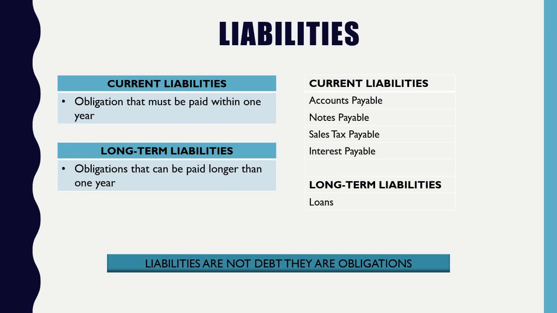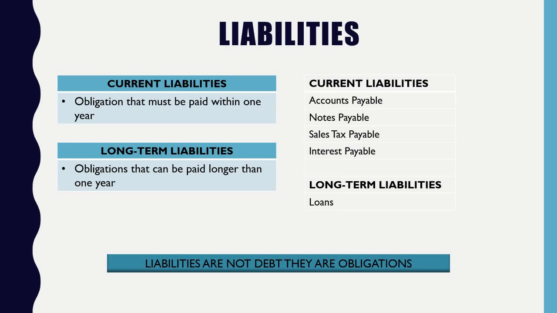Now, this only has 2 categories: current and long-term liabilities. Not short-term, it's current. Current is in terms of how long you actually owe this person. If you owe money to an organization, an individual, a vendor, a supplier, whoever, usually it's owed within a year.